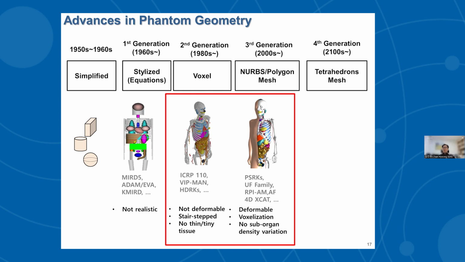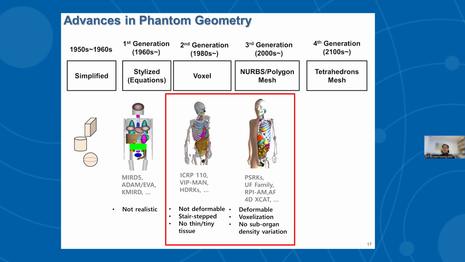First, as I explained earlier, the voxel geometry is not deformable and suffers from stair-step surfaces, and it is very difficult to model very thin or very tiny tissue structures. On the other hand, the NURBS polygon mesh geometry is deformable and smooth, but it cannot be directly used in Monte Carlo code.